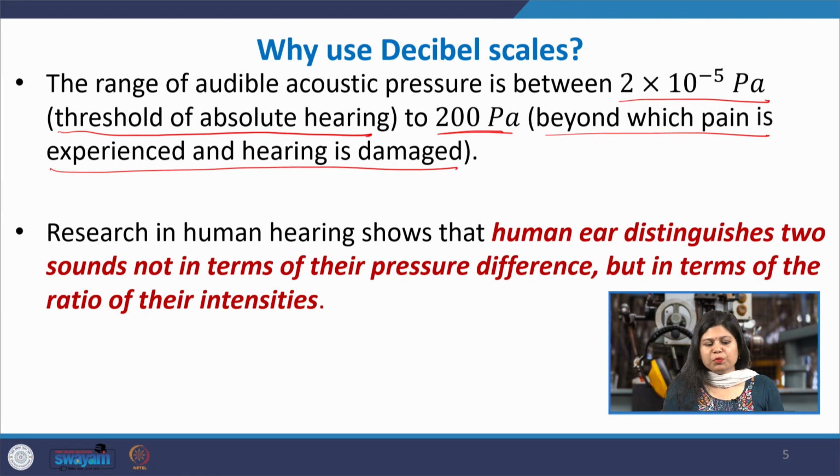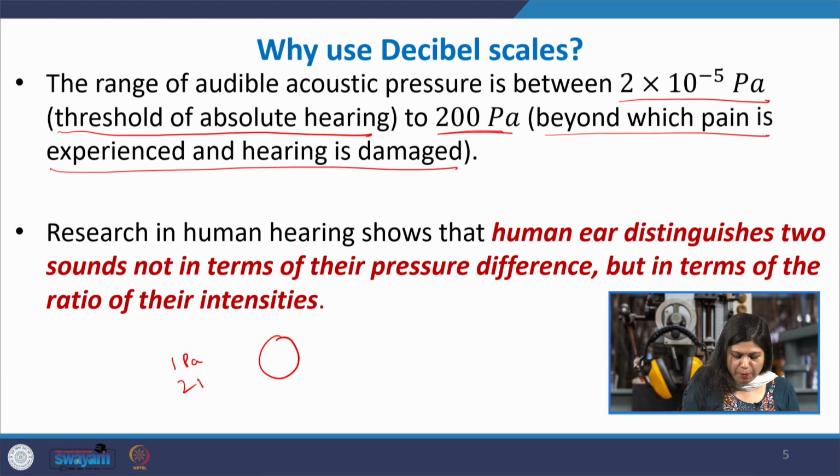These are extremely large numbers and very large variations in the magnitude. And it has also been found from the various studies done on human hearing that when a human hears a sound of, let us say, 1 pascal and then a sound of 2 pascals, the ear is not able to distinguish and say that it is a sound whose pressure has doubled. So, it does not feel like the level has doubled.